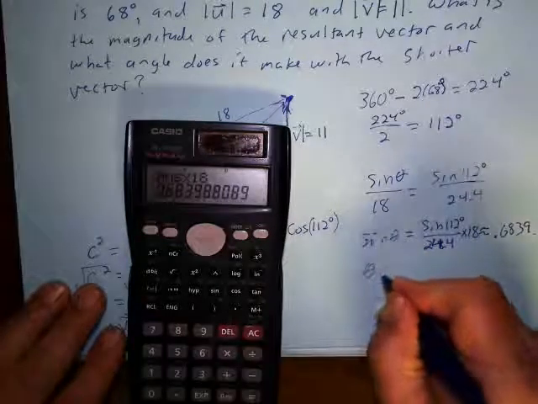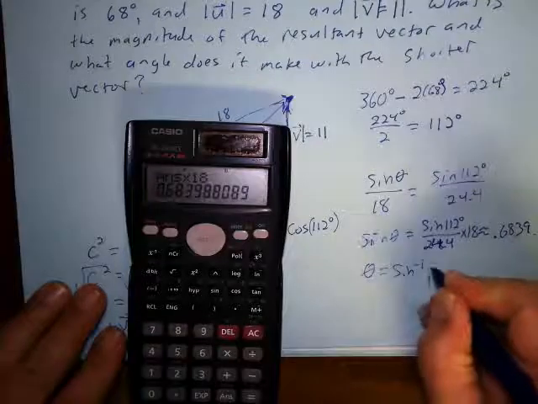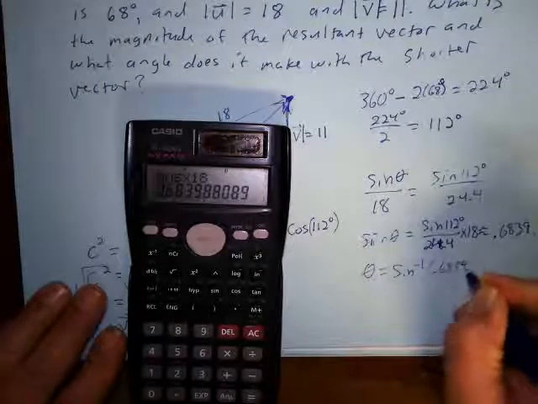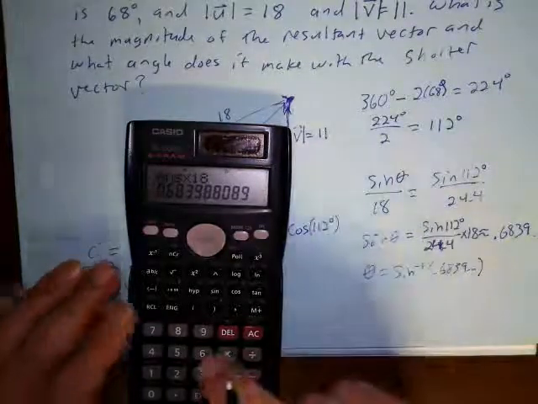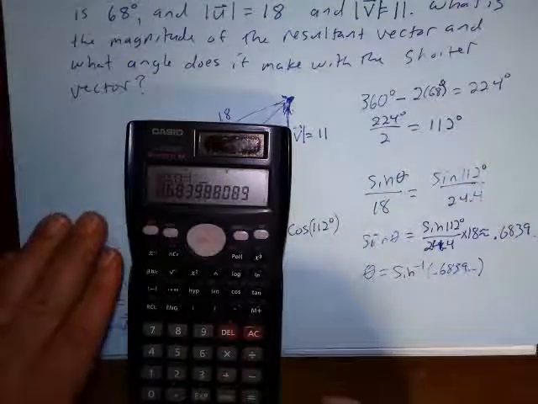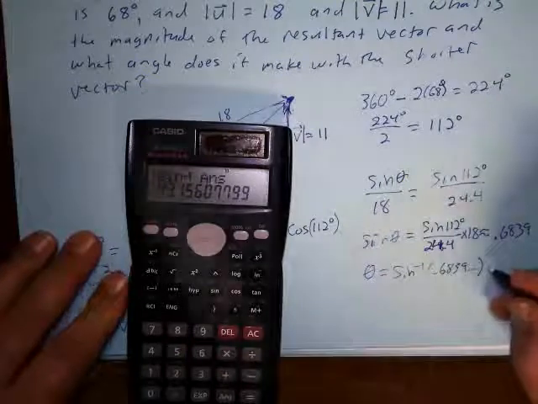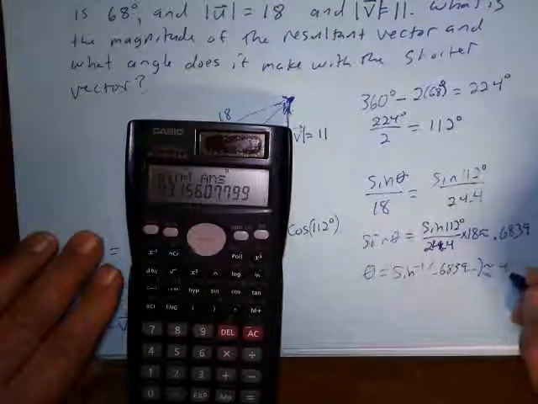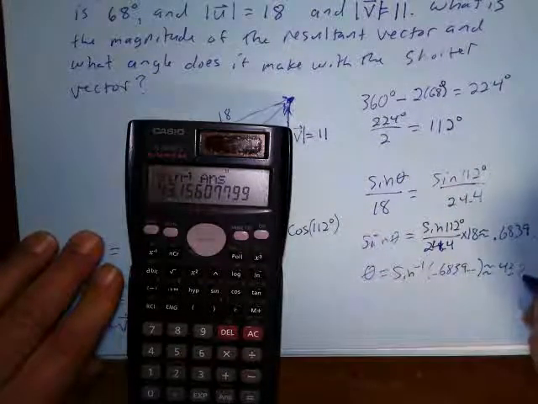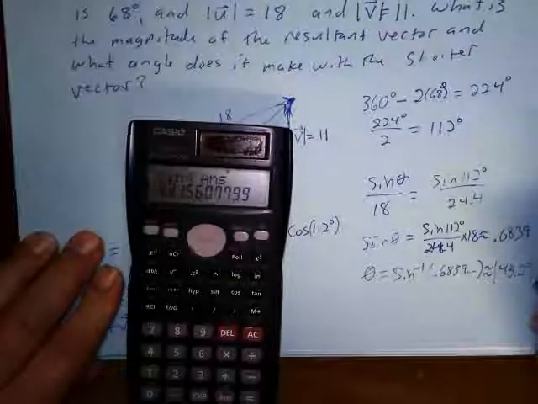And so my theta is sine inverse of 0.6839. So I'm going to do sine inverse of the answer, and I get approximately 43.2 degrees when I round to the nearest tenth.